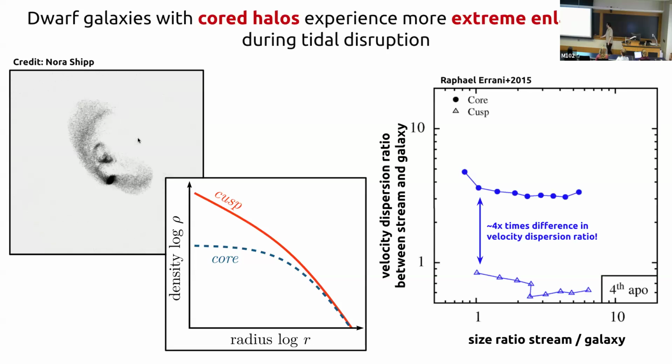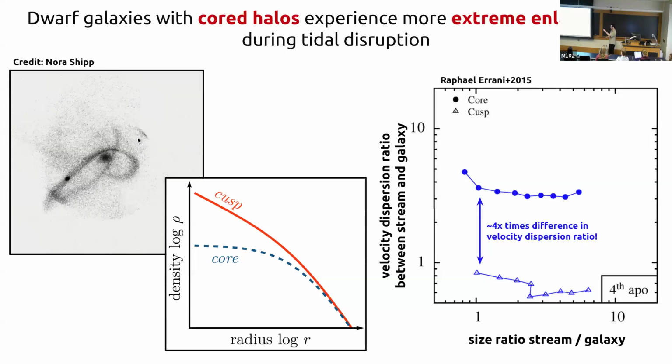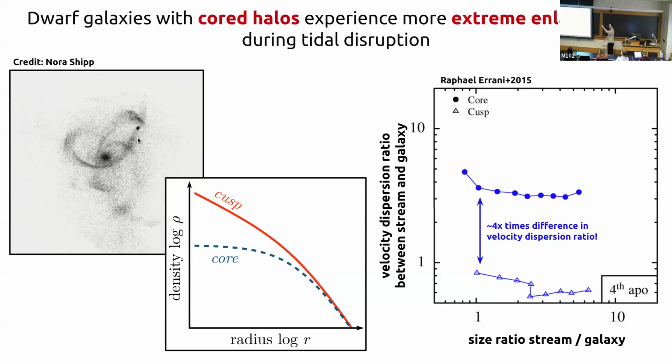What they show on the vertical axis is the velocity dispersion ratio between the center of the galaxy that is being disrupted, the remnant, and the velocity dispersion in the tidal stream that is being produced.